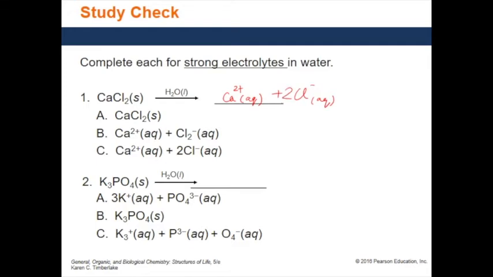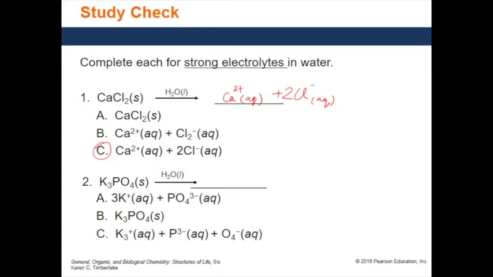Remember, ions are always aqueous in solution. Like we saw before, ionic compounds dissolve in water and they get hydrated, so each ion has water molecules surrounding it, and that is why the state is called aqueous. So your answer here is going to be C.